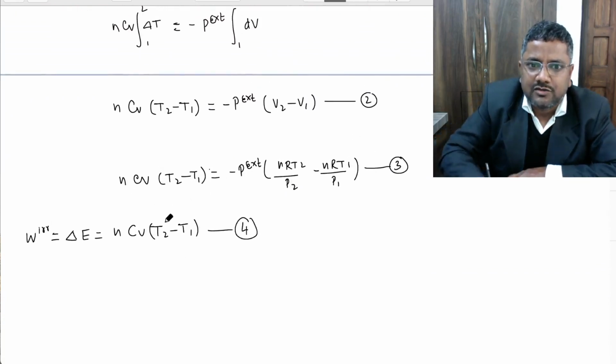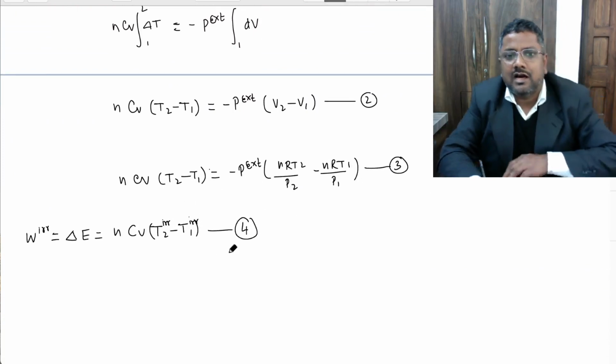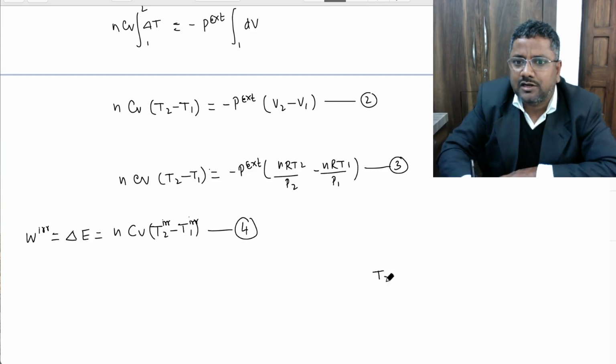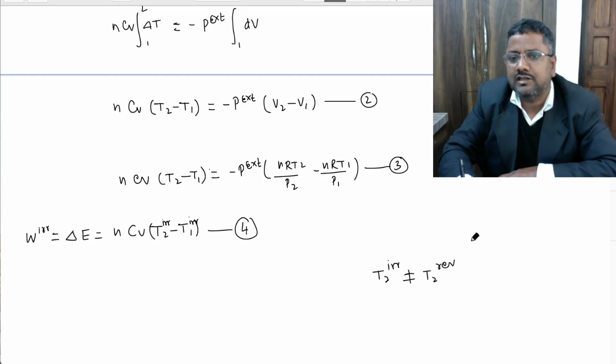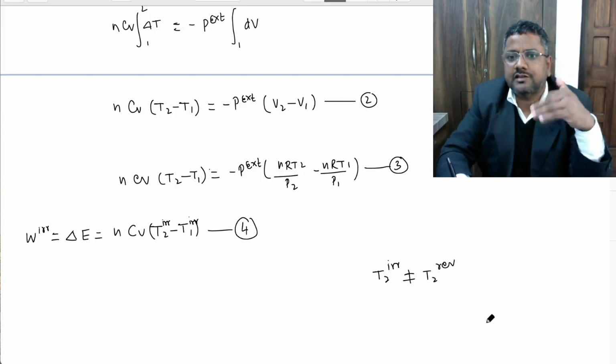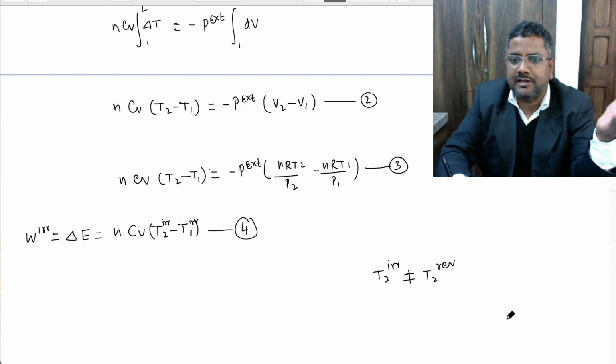So here, to differentiate, T2 irreversible and T1 irreversible. And remember, T2 irreversible is never equal to T2 reversible, because in both the cases the loss in internal energy is different, because work is different. So different work, different loss in temperature, so different final state.